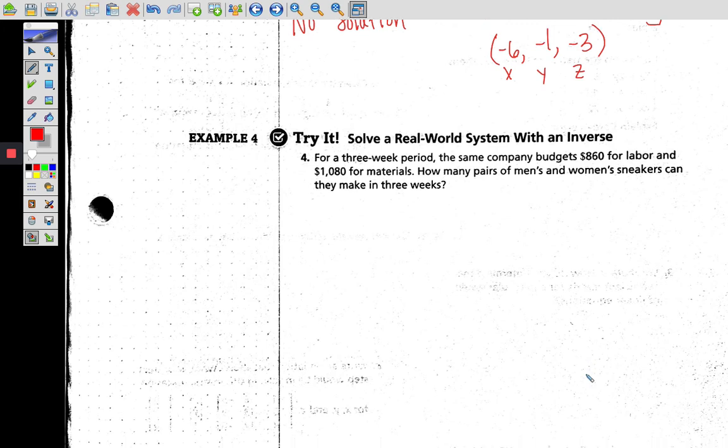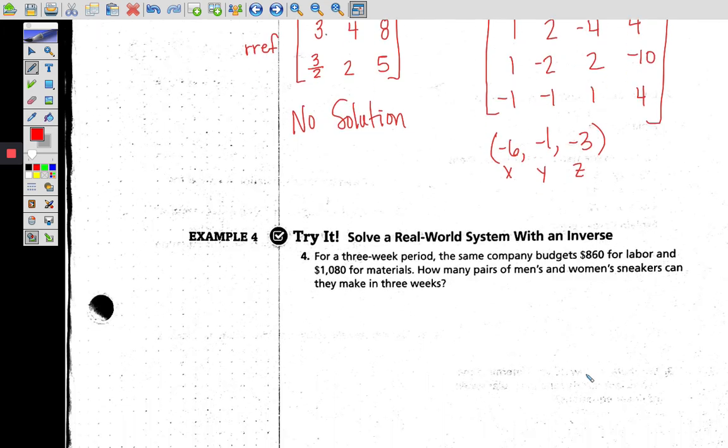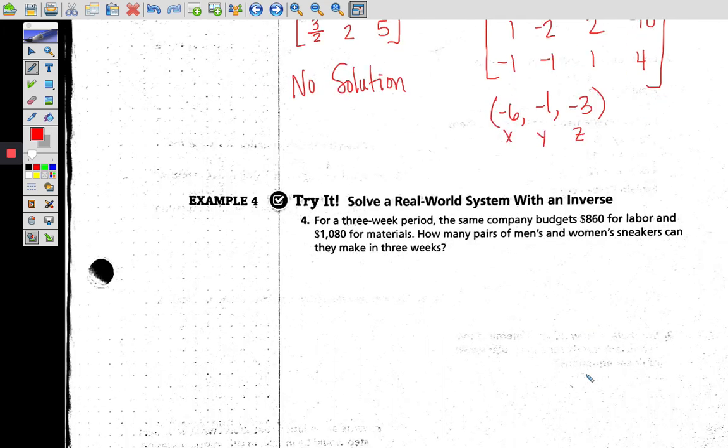Alright, last example, and then we'll be finished. In the book it talks about a company that for 1 week budgeted like $320 for labor and $600 and something for materials to make women's and men's sneakers. And then they wanted to see how many sneakers they could make with that amount of money. So for a 3-week period, the same company budgets $860 for labor.